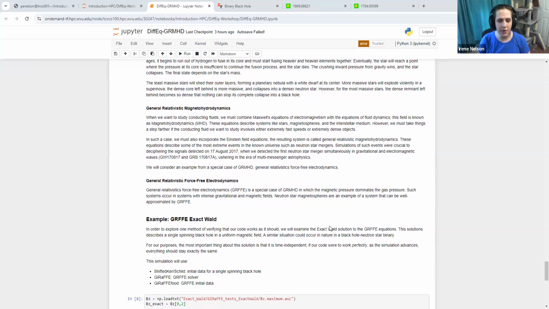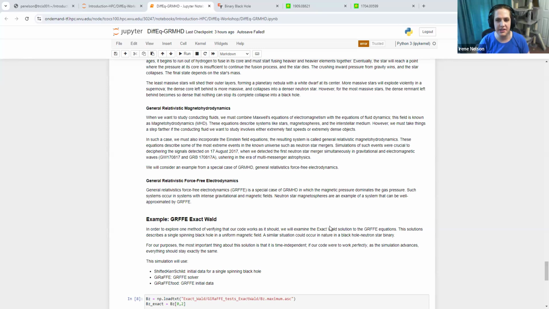Neutron stars lead us naturally into the equations to try and solve them. When we want to study conducting fluids in general, we'll have to combine Maxwell's equations of electromagnetism with the equations of fluid dynamics, which are the ones we were talking about on Wednesday. This gives us a system called magnetohydrodynamics.